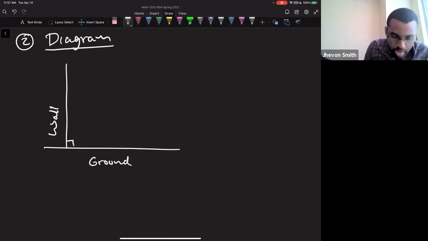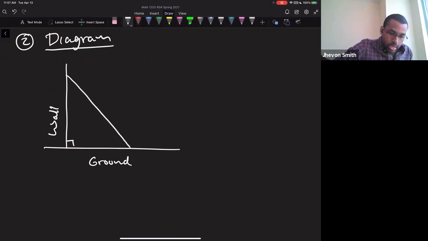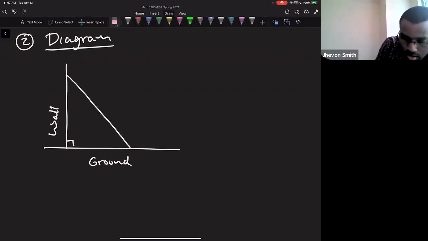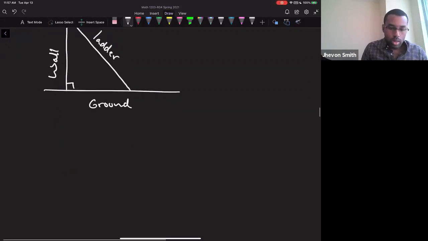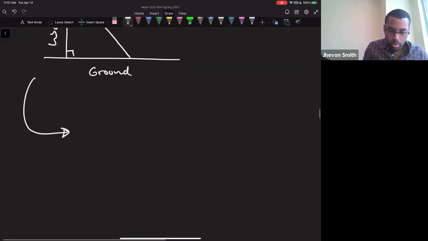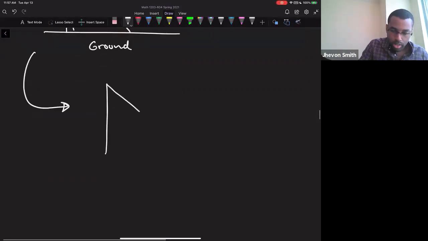It's vertical, which means this is 90 degrees. And then you're going to have the ladder leaning against that wall. And so we end up with this diagram. It's just a right triangle.